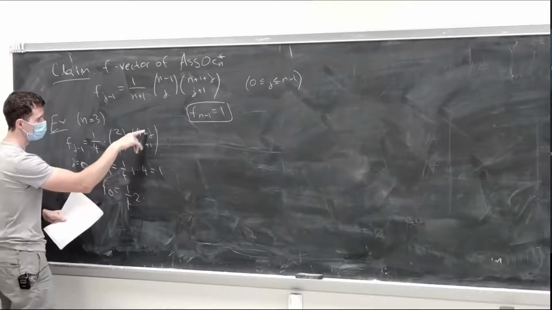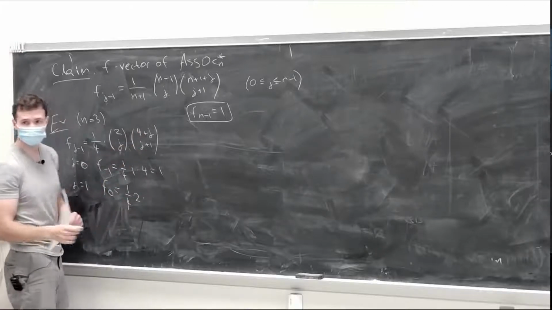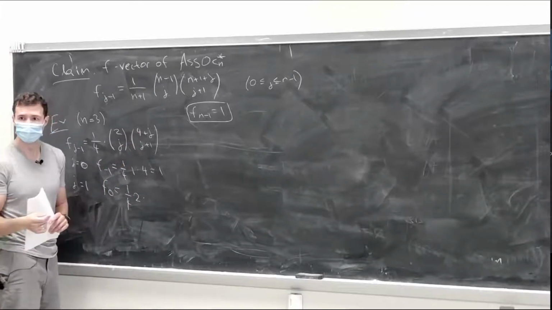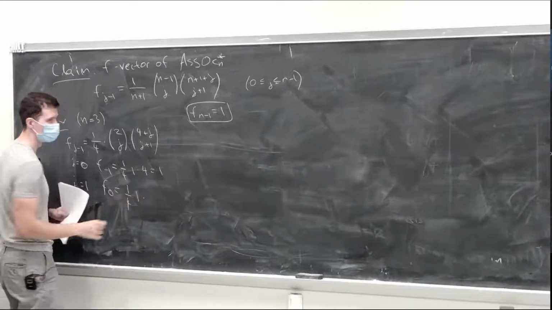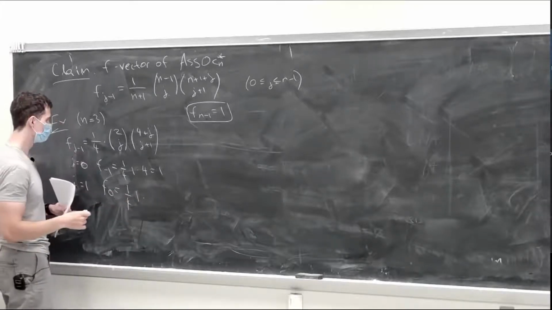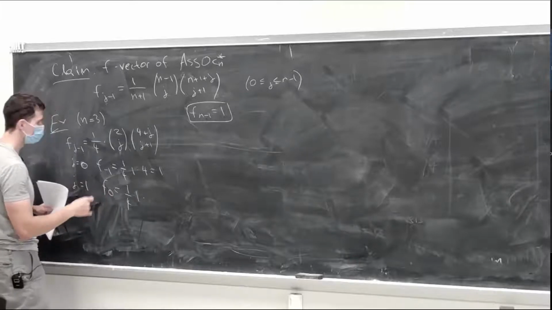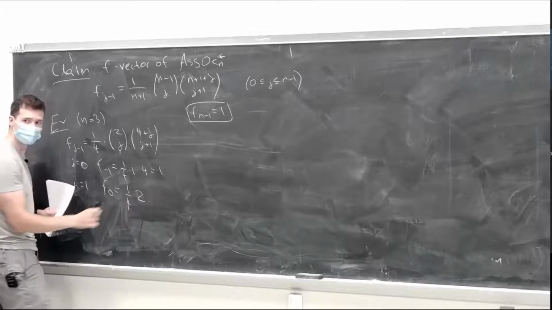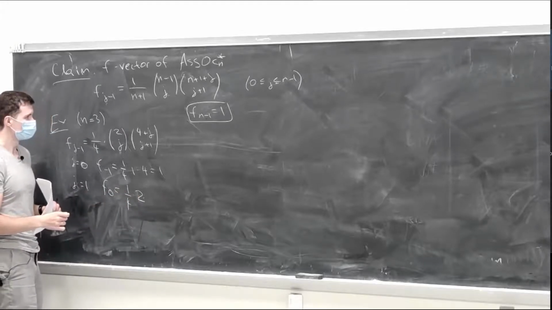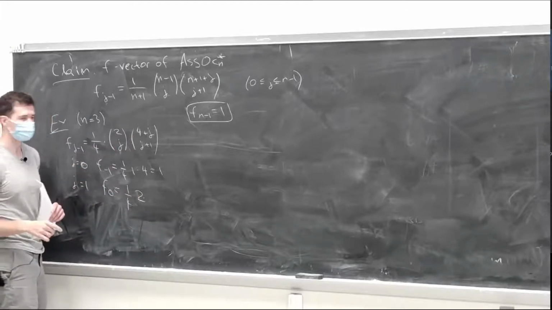All right, so 2 times, what is it? 5 choose 2. Oh, 2 choose 0 is 1. No, 2 choose 1, that's 2. The next one is 5 choose 2, which is 10.